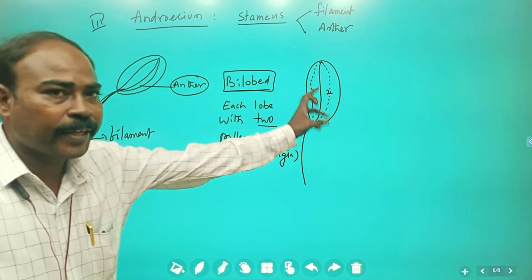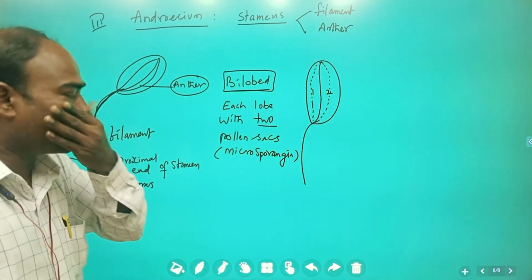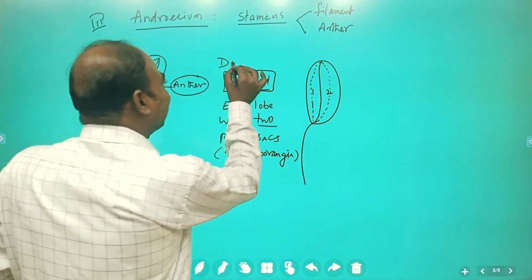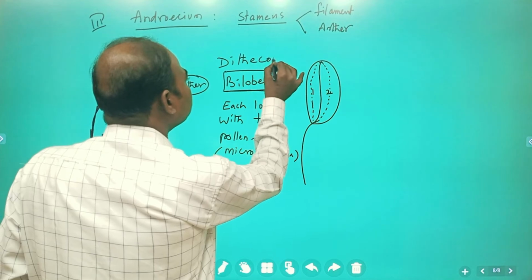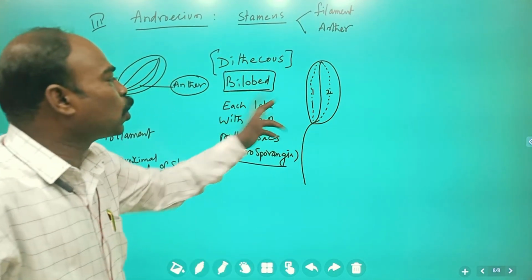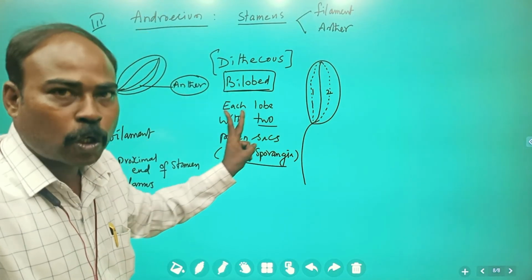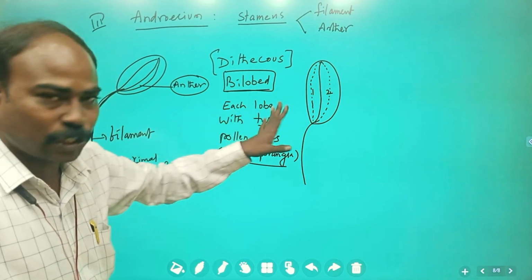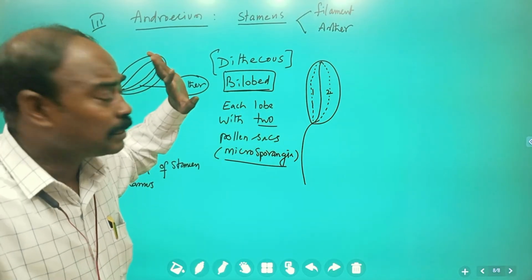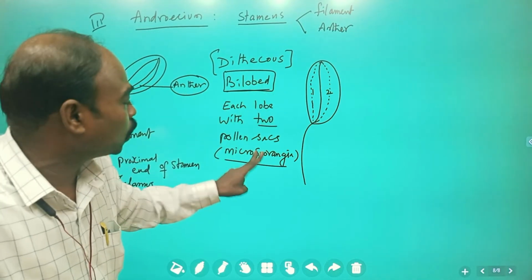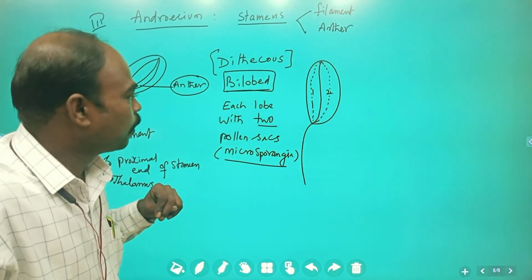Such an anther is common in the majority of flowers. Bilobed anthers are dithecous, with each lobe having two spore sacs or pollen sacs or microsporangia. Such an anther is called dithecous, which is most common, right? Dithecous anther or bilobed anther, each lobe with two pollen sacs or two microsporangia.